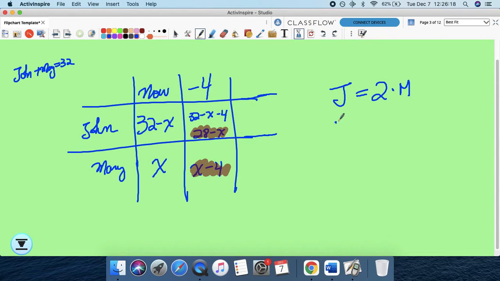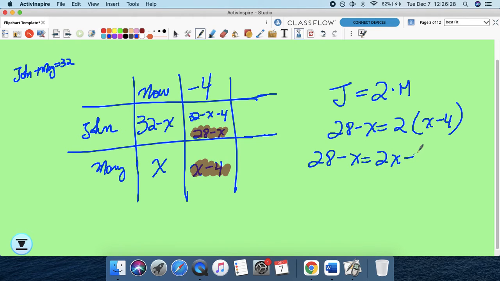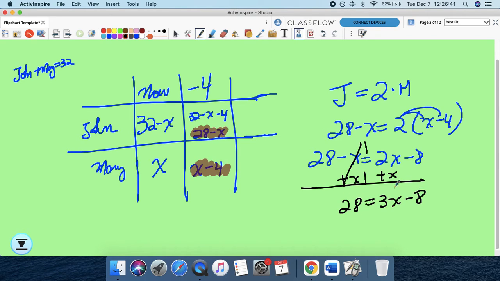So John 4 years ago was 28 minus x. Mary was 2 times, so it's 2 times Mary 4 years ago, x minus 4. 28 minus x equals 2x minus 8. Let's get rid of one of the variables. Plus x here, right? So that goes away. 28 equals 3x minus 8.